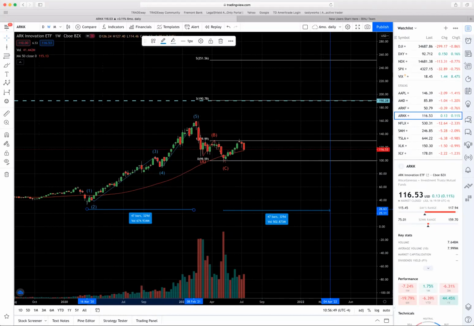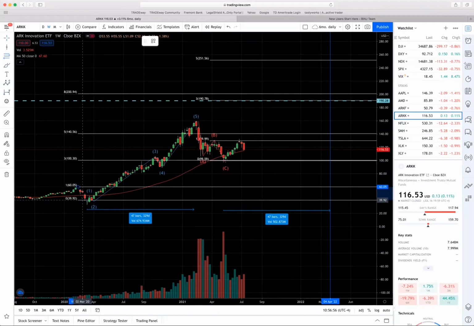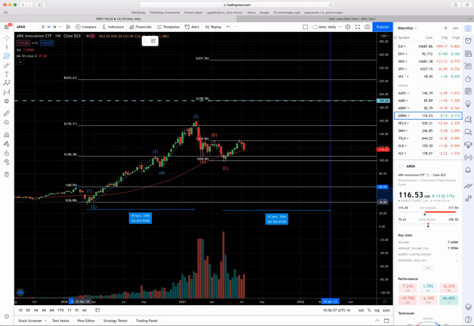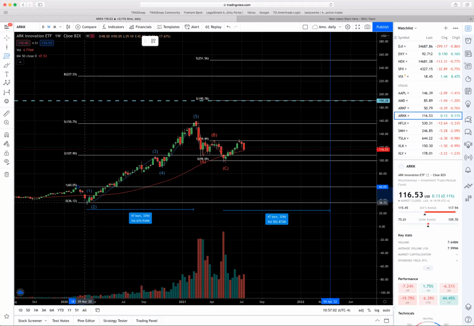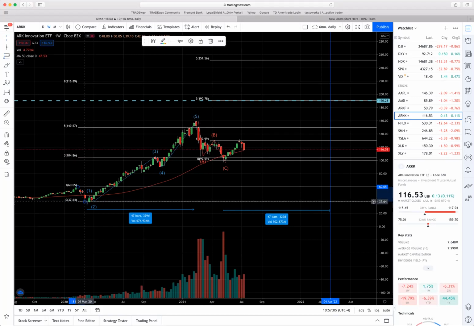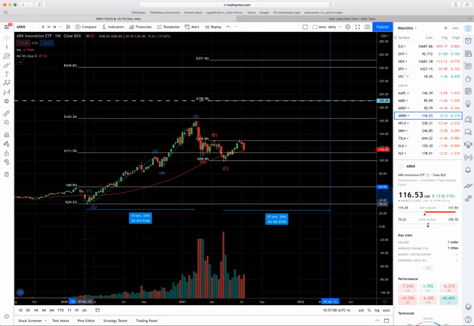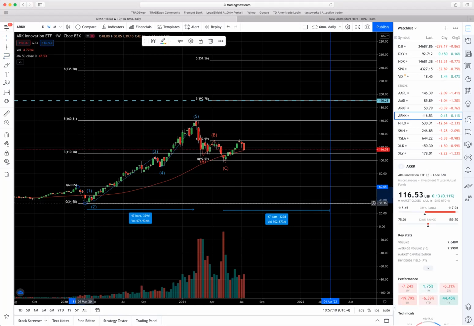And to give it just a little bit more, let's throw on the Grand Fibonacci from back in this pullback, coming down, so we're going that way.